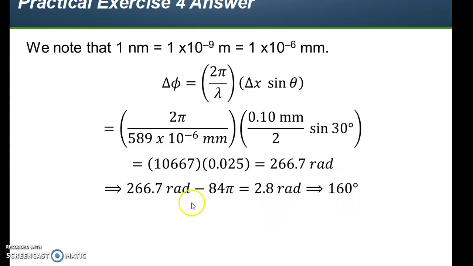So first what you do is you take out all the extra cycles that are complete, and that is this right here, and then this number right here is multiplied by the conversion factor 57.3 to give you the number of degrees for the delta phi, the phase difference for this one.